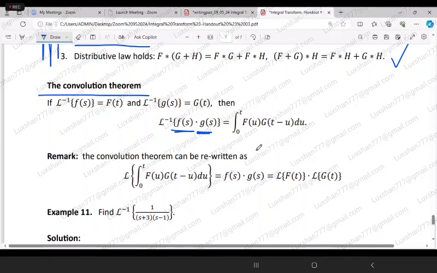Conversely, you can write conversely. Actually we didn't study this when we studied Laplace transform, but here we see that it's a very important one.